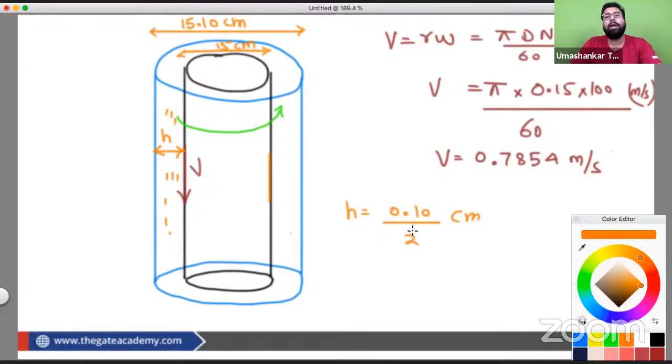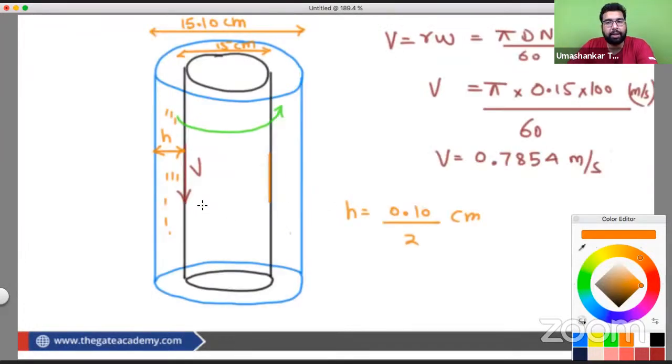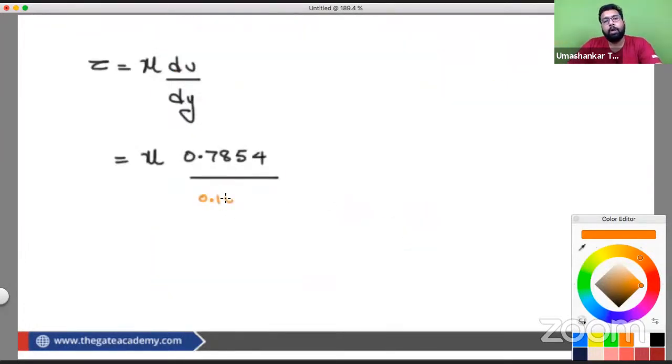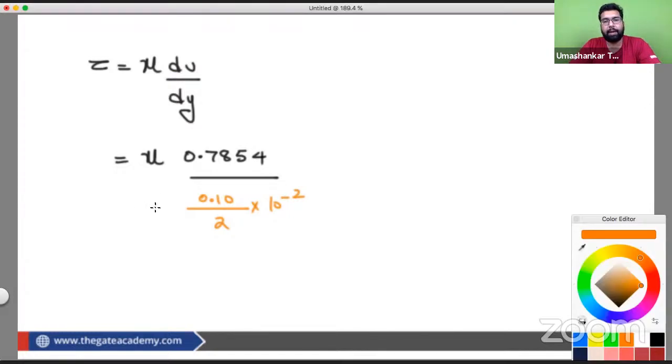So we are going to get it in centimeters, and when we put it in this formula, we have to convert it into meter. So it must be multiplied with 10 to the power minus 2. I hope it is fine to all of you.